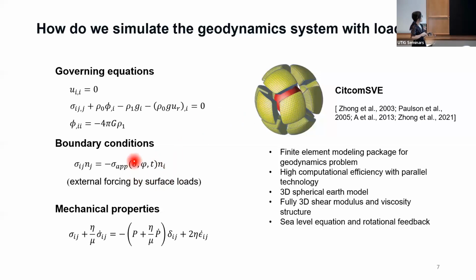Then we consider boundary conditions, and all of those forces I mentioned about the ice and the ocean go into these boundary conditions. For the mechanics, we use a Maxwell solid, with both elastic and viscous properties. We use CitcomSVE, which is a finite element modeling package, and we can use a 3D spherical Earth model to consider a more realistic Earth.